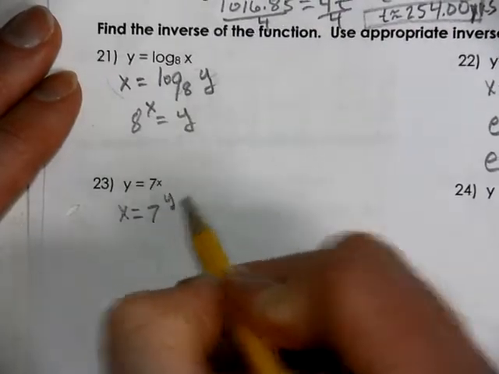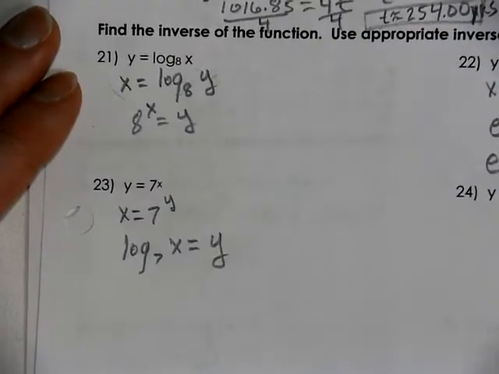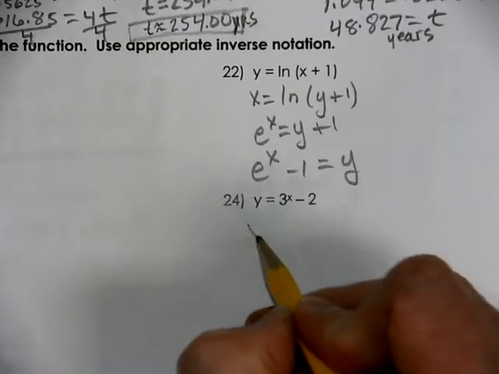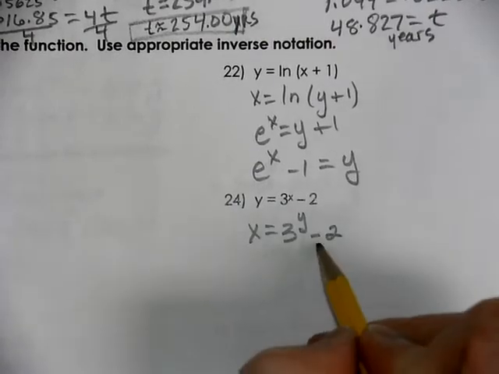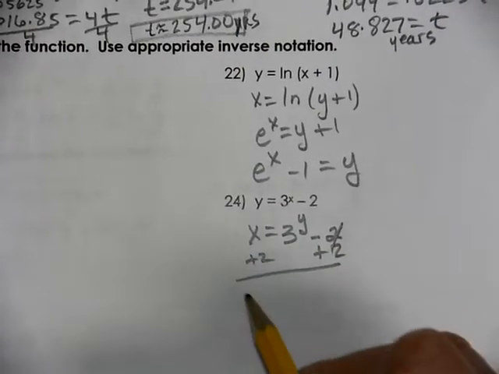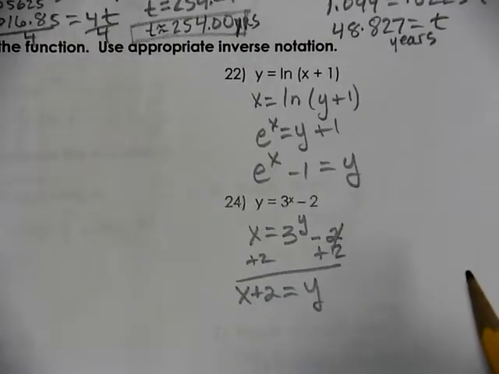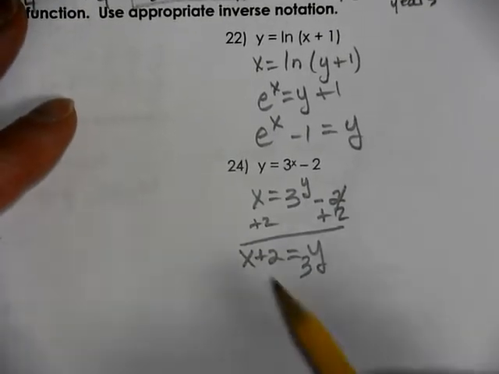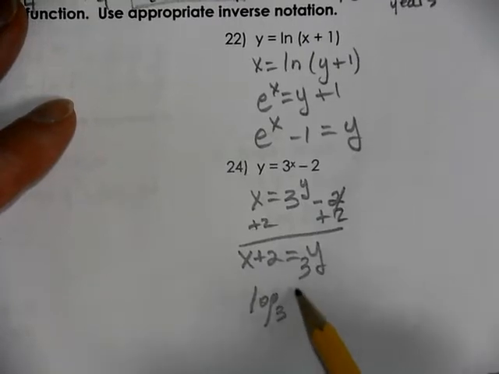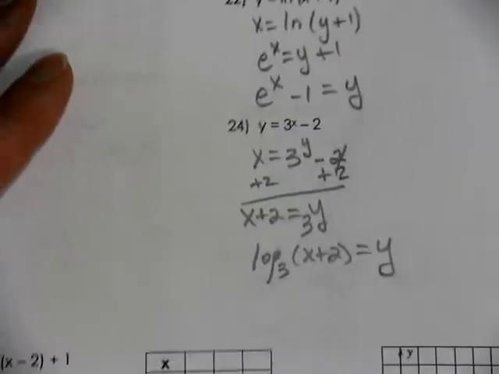Switch our x and the y. So log base 7 of x equals the exponent. Logarithms always equal the exponent. We would add 2 to the other side. So x plus 2 equals the exponent. So that's 3 equals the exponent there. And we'd need to say the logarithm base 3 of x plus 2 equals y.